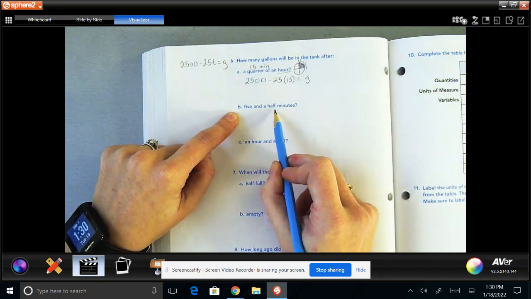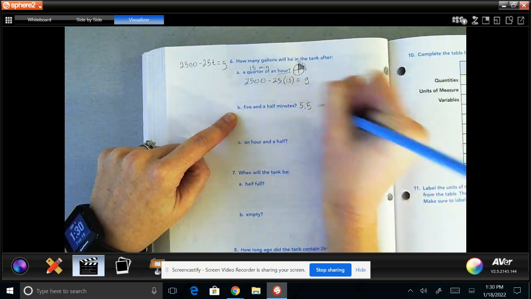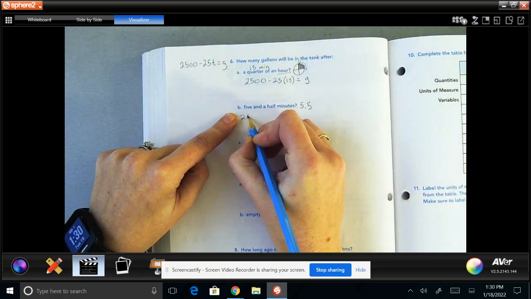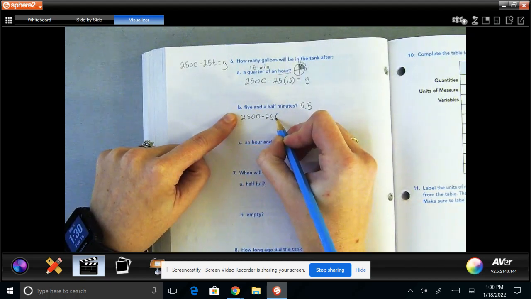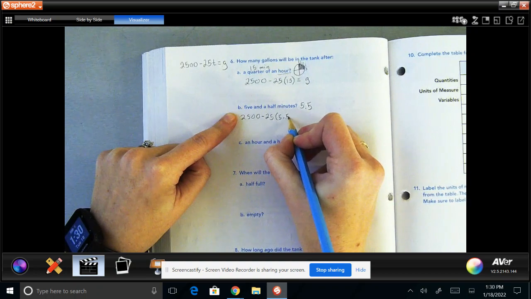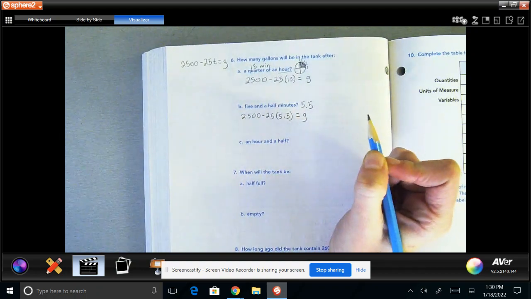B, 5.5 minutes. Well, that's already minutes, so that's 5.5. 2,500 minus 25 multiplied by 5.5 equals the number of gallons.